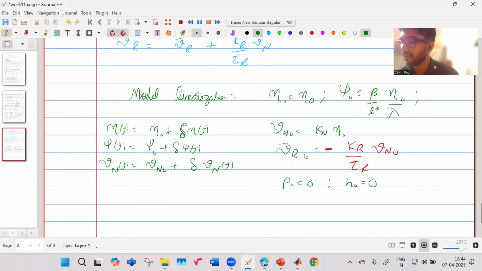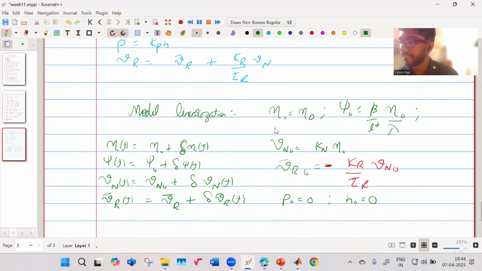Then Vr bar of t is Vr bar naught plus delta Vr bar of t, and h of t equal to h naught plus delta h of t.